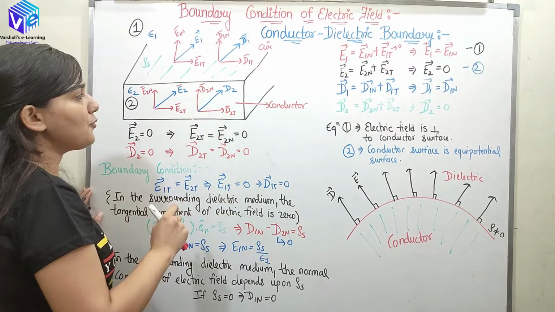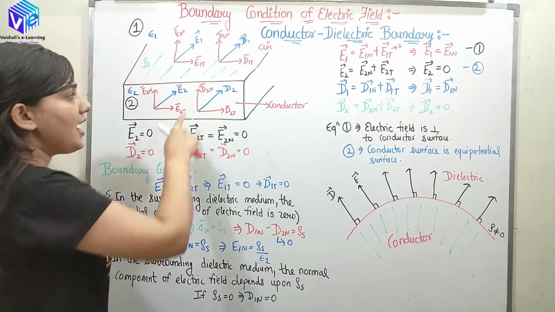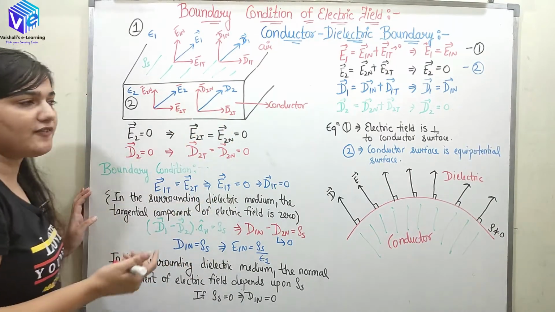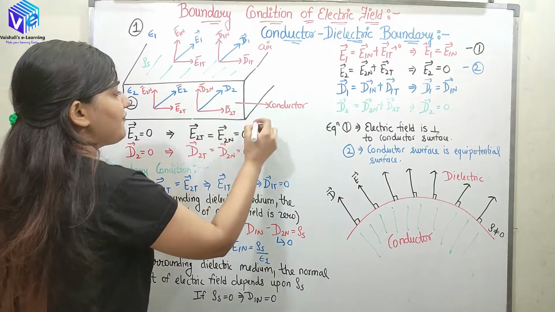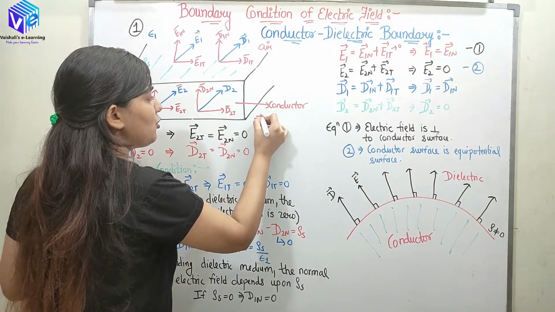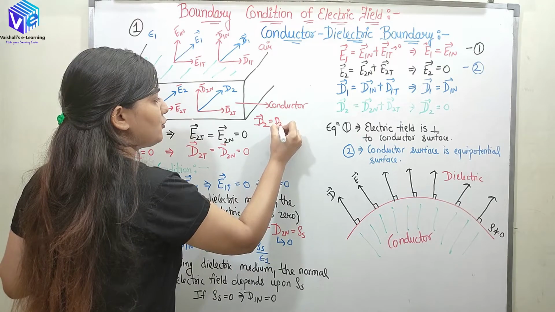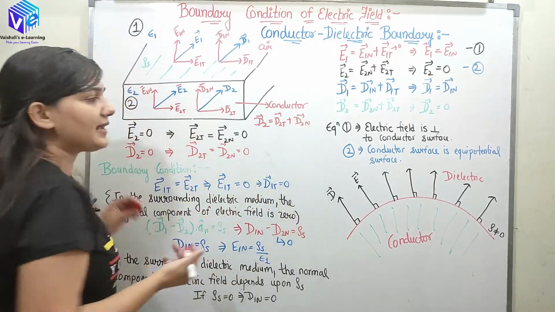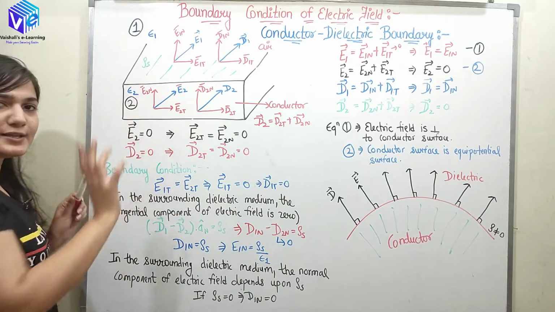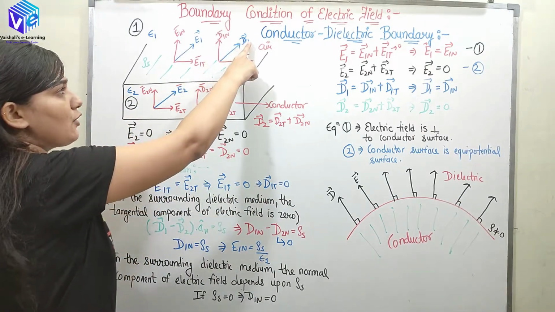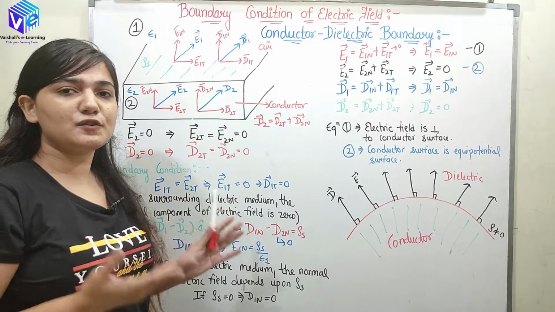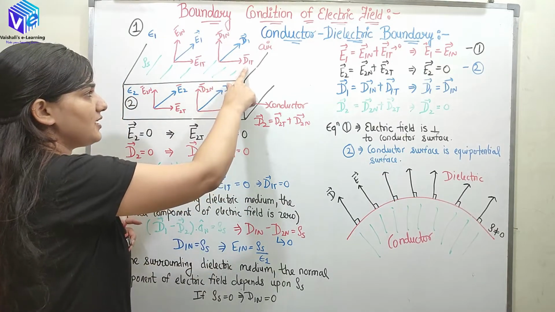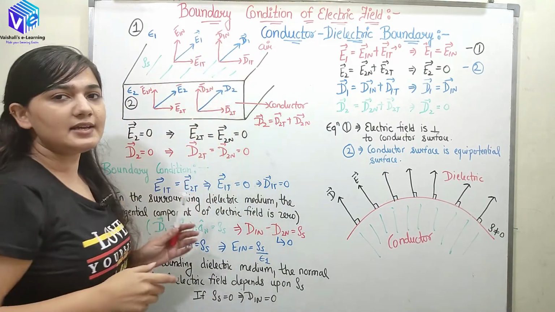If I resolve D2, it will be D2T and D2N. So D2 is equal to D2T plus D2N. Similarly I can write it for E2 as well, and for D1. D1 can also be resolved into two components: first D1T and second D1N.